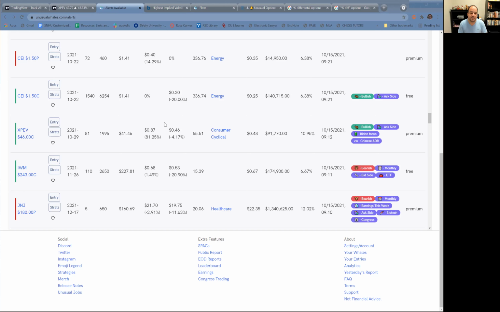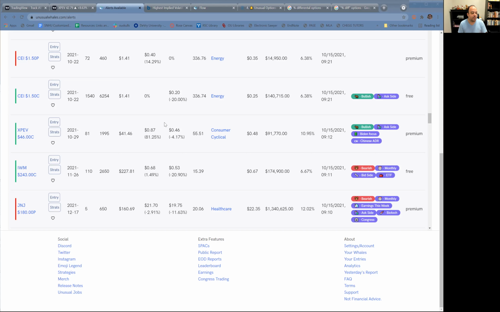It's an algorithm that the people behind Unusual Whales developed in order to find options that are out of the ordinary for some reason. And there are dozens throughout the day. And if you were to just start entering them as they pop up, you're probably going to lose money.